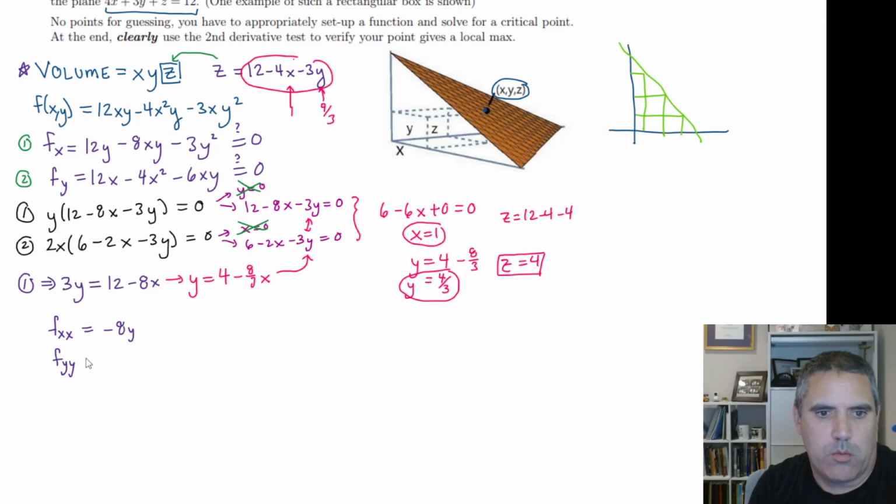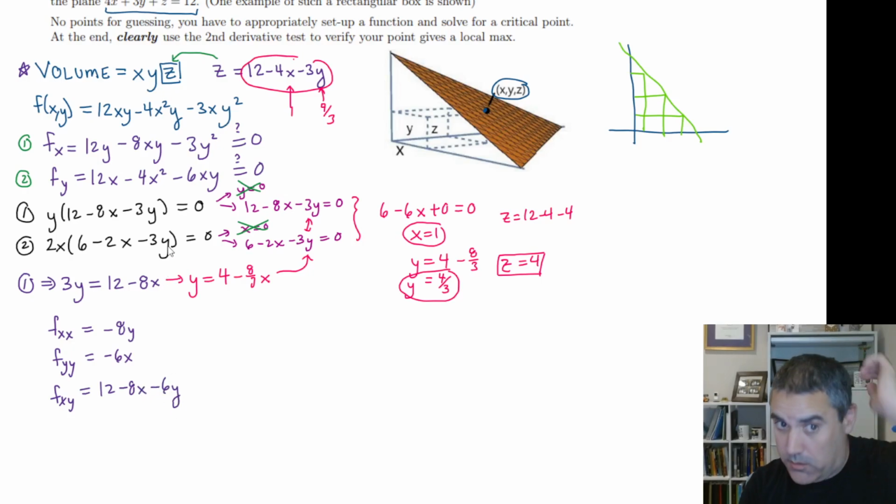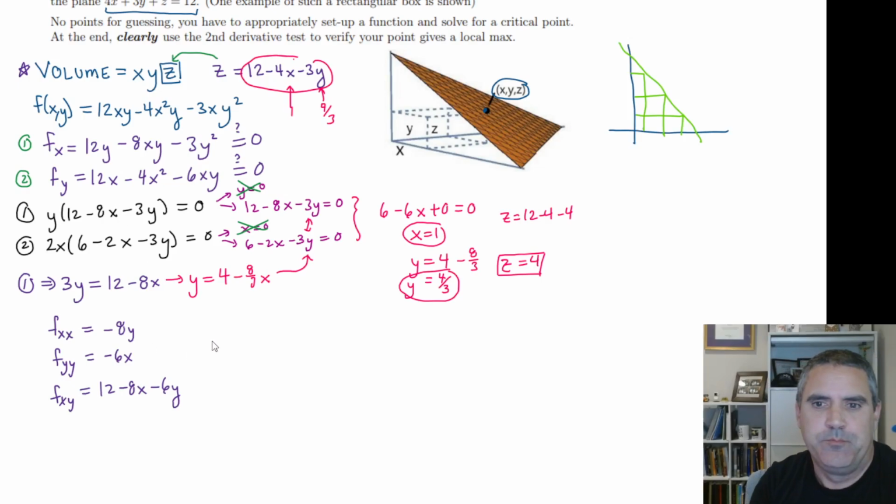Partial with respect to y twice is negative 6x. And the mixed partial, xy, is 12 minus 8x minus 6y. And you can check the other one with respect to x. Make sure you get the same thing.